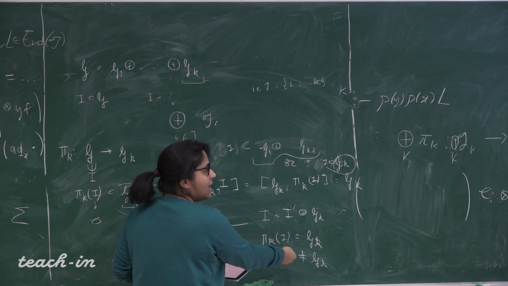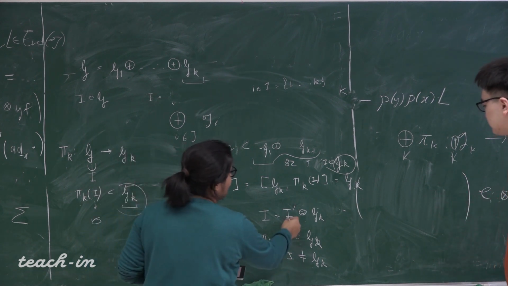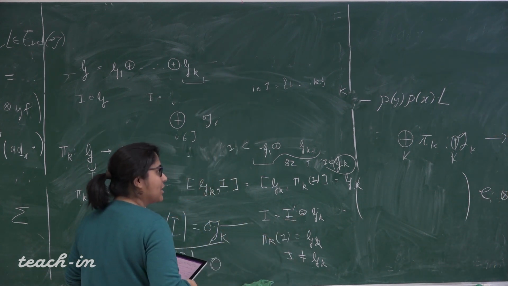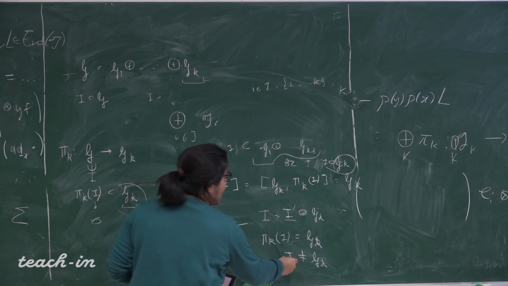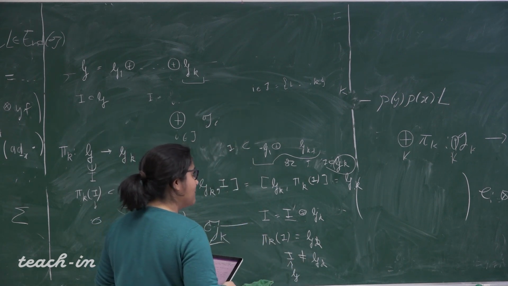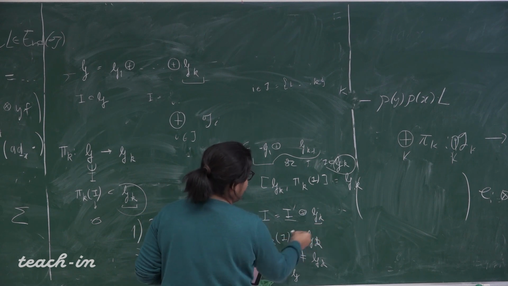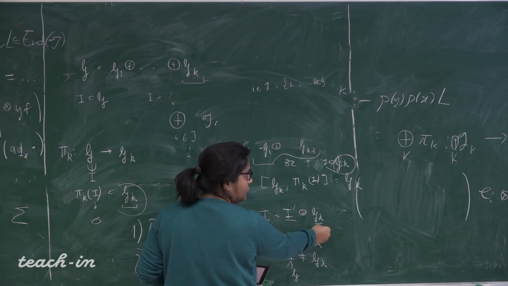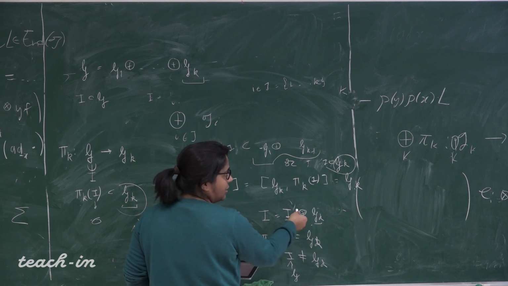Well, you never know, it may or may not be, so that's why I have another I prime here. I is an ideal of G, the semisimple Lie algebra. So using this projection map, if I consider the projection to GK, in that case there is this, and we may or may not have more here.